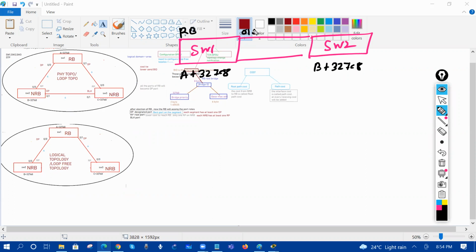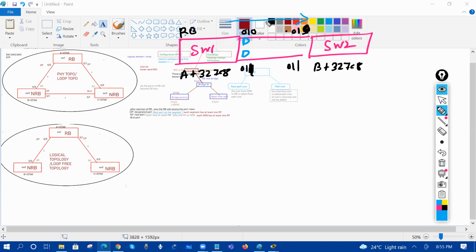So this interface is 0/0, this interface is 0/0, this interface is 0/1, and this interface is 0/1. In this case, this interface will become the DP. Which interface will be the RP? Because in this case, the cost will be tied.